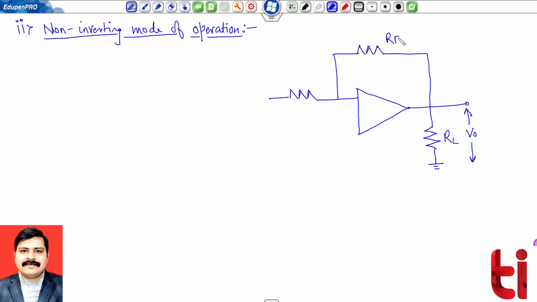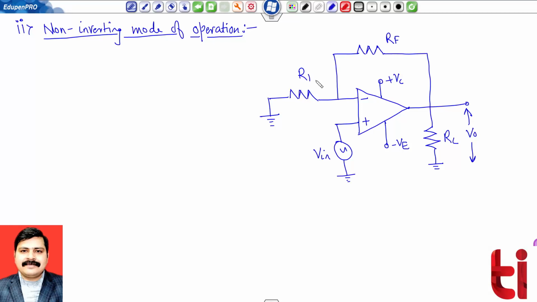This is my feedback resistance RF, plus VC supply, minus VE supply. The inverting terminal has to be grounded through series resistance R1. And now I am giving input Vin to the non-inverting terminal.